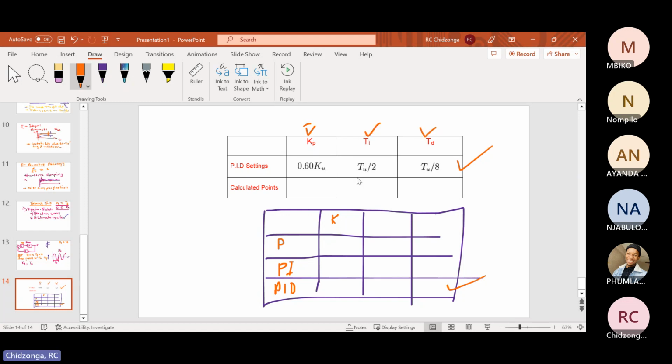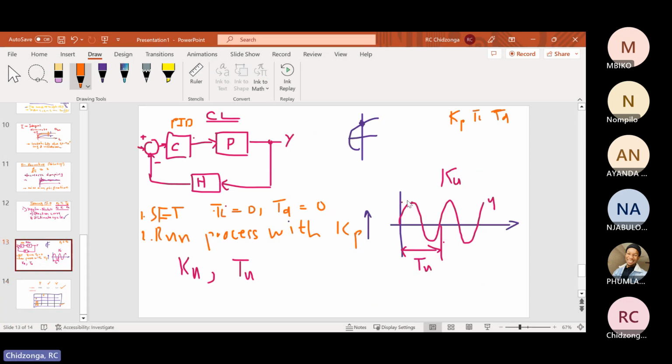What this table is saying is that you would have run this experiment and you would have measured the ultimate period. If it's in a test or in an exam, the ultimate gain and ultimate period are these points which you find on the root locus or using the Routh array. Using the Routh array, you can find TU.